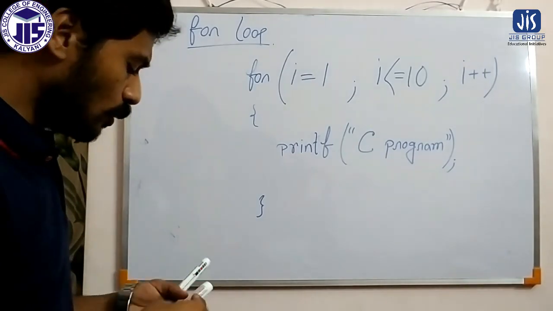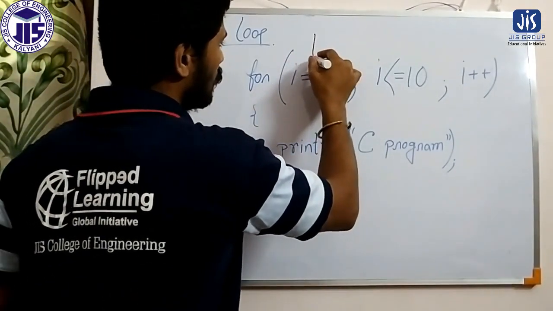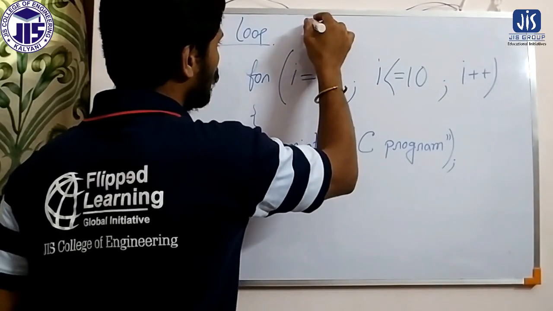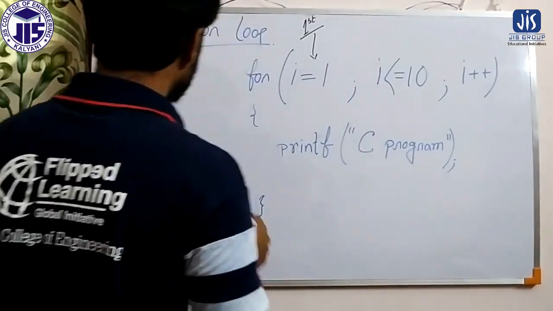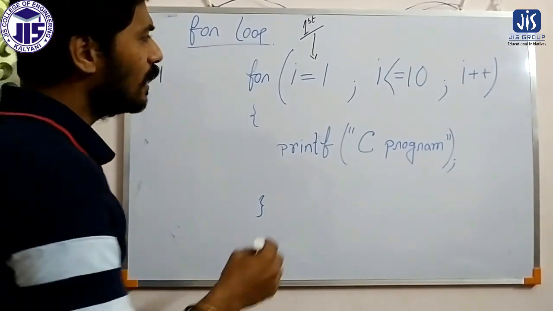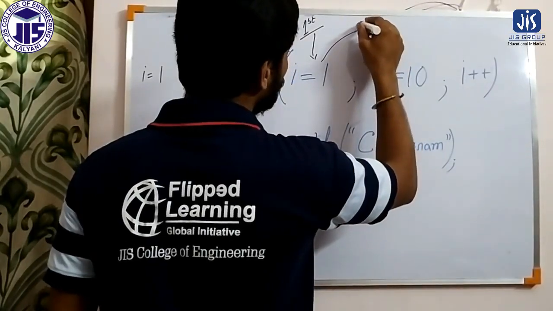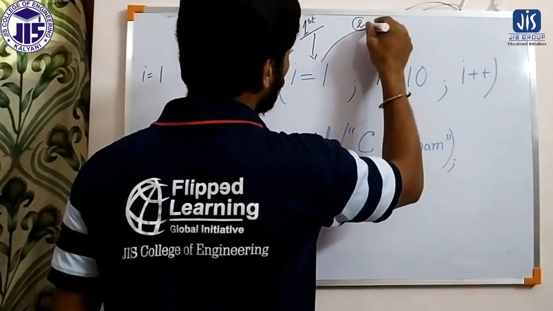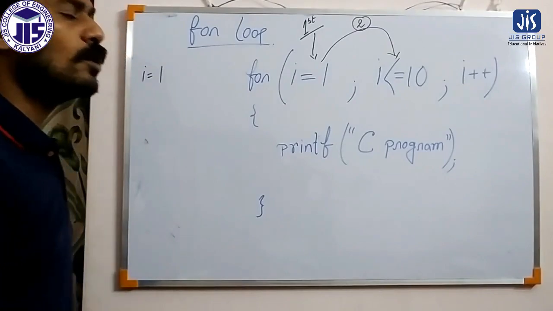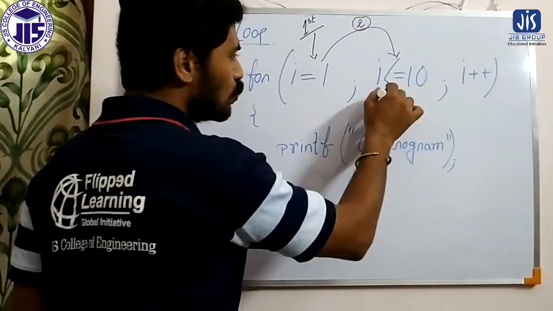So how will the loop iterate? The initialization operation will be performed first. So the value of I is equals to 1. Then it will go to the condition, that is number 2, and it will verify whether the condition is true or false.